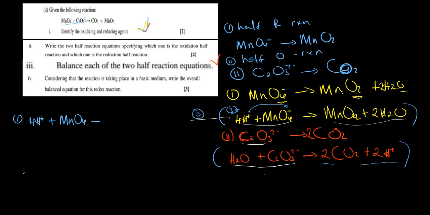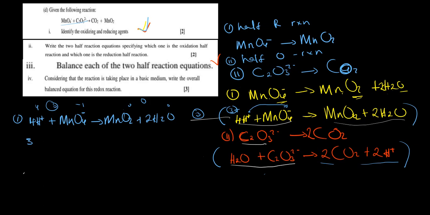MnO4 to MnO2 plus H2O. For this reaction, I can see there was a negative here. There's 4 there and negative 1, which will give me 3. So here I have 3 extra electrons. Here I have only this and this, they have 0 as charges, so here I'm having 0. Electrons are negatively charged, so I'll add 3 electrons there.